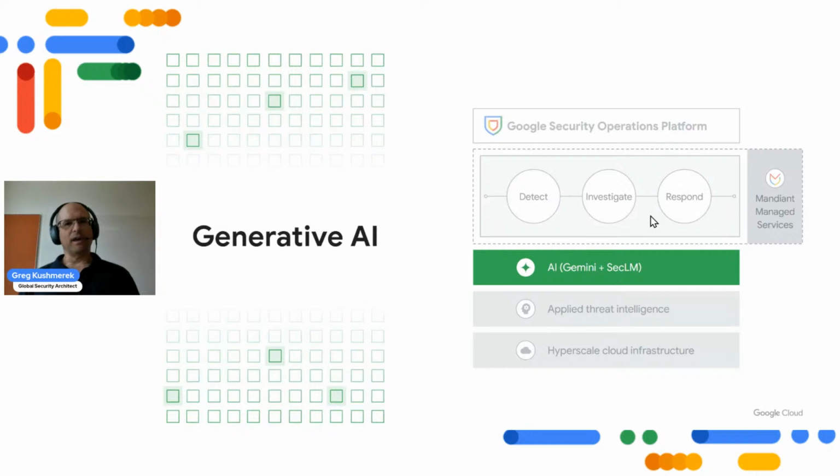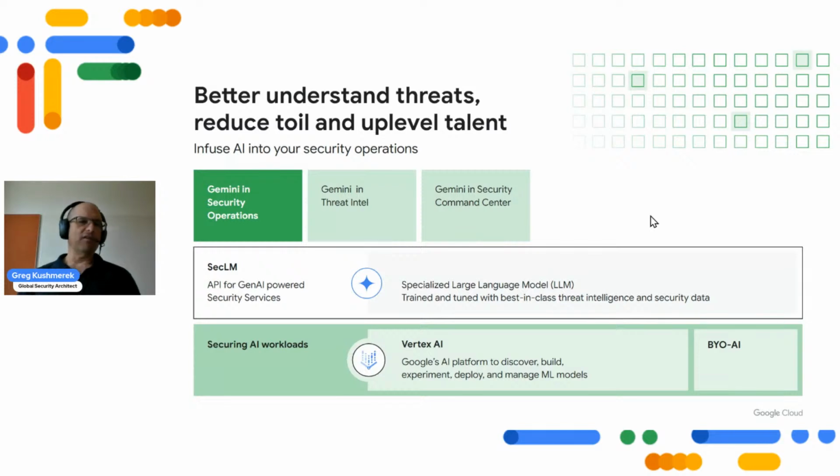But then on top of that, we have something called SecLM, right? This is something that we've introduced to minimize the potential for hallucination. You can never say that things will be zero, but the idea is that if you ask a question related to a security context, or if you receive an answer from any question you've asked, it will be grounded in a security context.